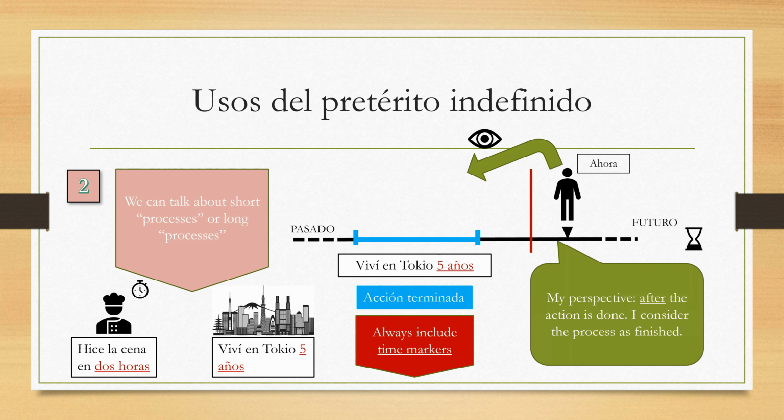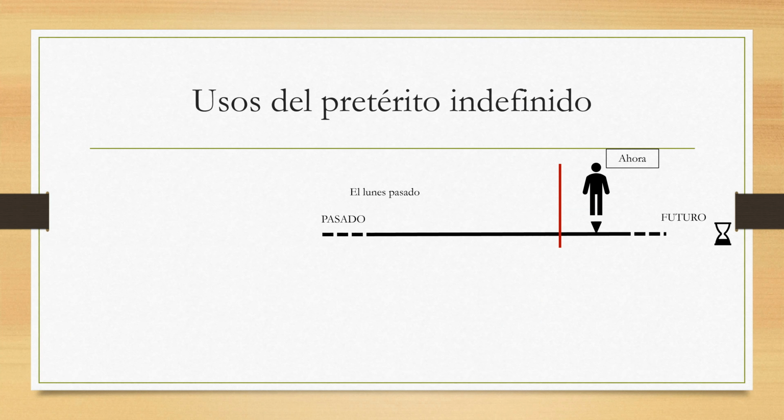Okay? Why? Because these are finished actions. I will not be able to do this with pretérito imperfecto. Now, let's look at another characteristic of this tense. Now we see a timeline about el lunes pasado.